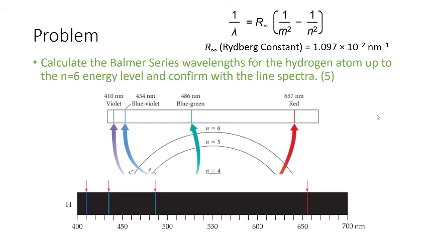All right, so if we're taking a look at the Balmer series wavelengths, that means we are dealing with transitions that return back to the energy level 2.